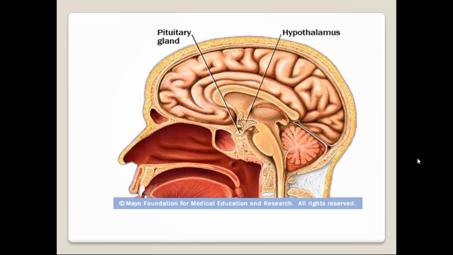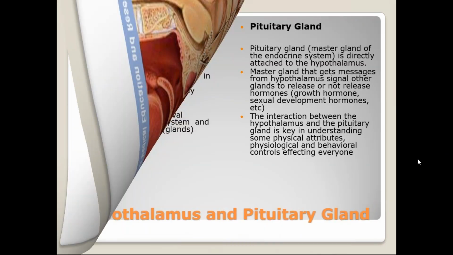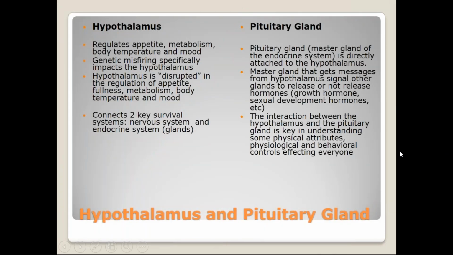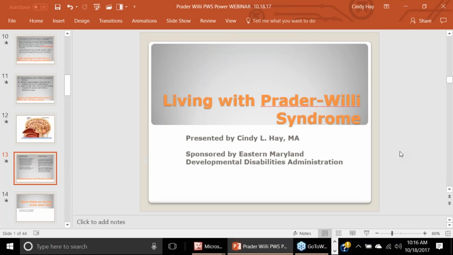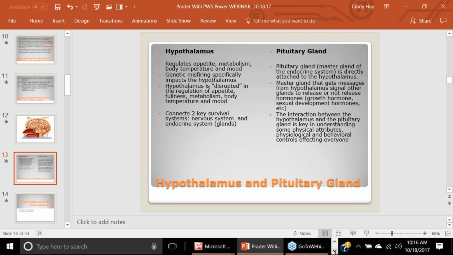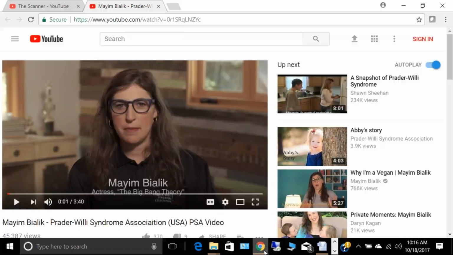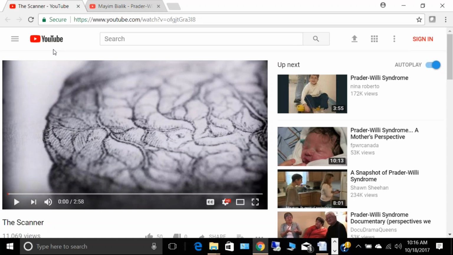So I'm going to go ahead and show this little short clip. It really shows and highlights how the brain speaks to the person's body. In other words, how the hypothalamus is going to kick in. This is specifically for folks with Prader-Willi syndrome.